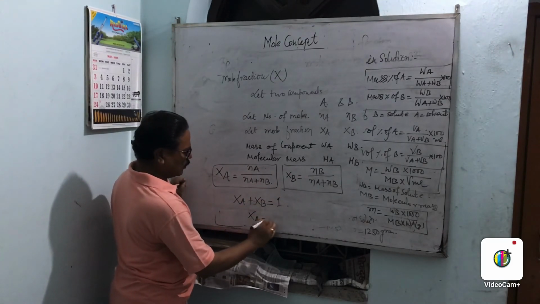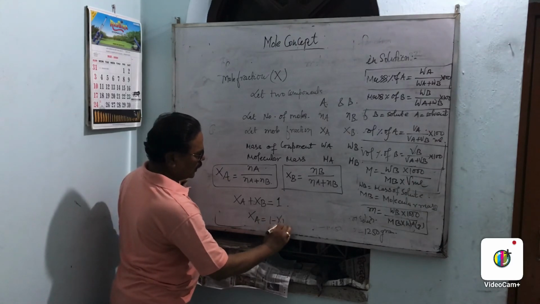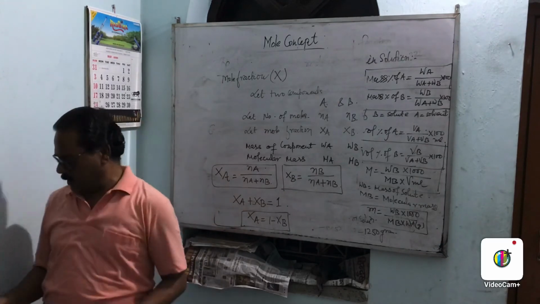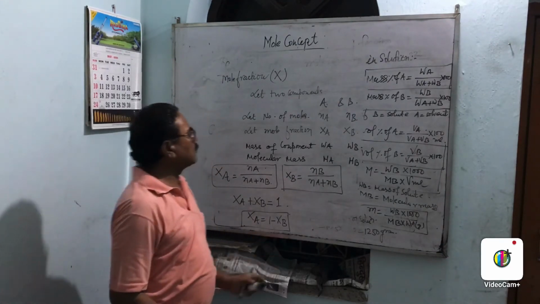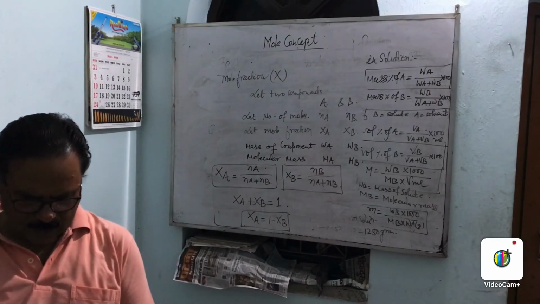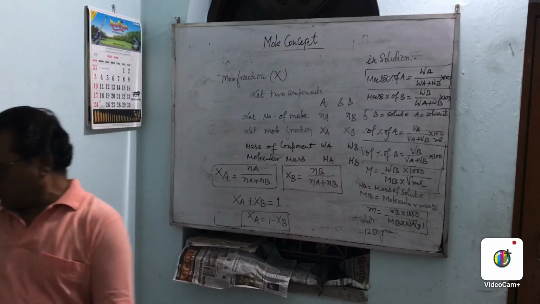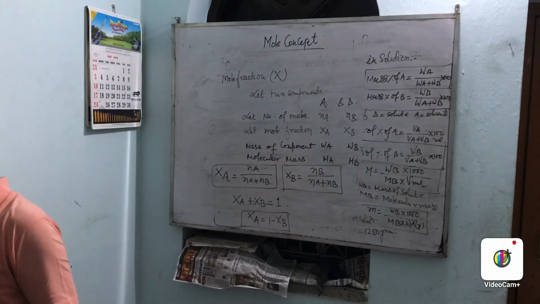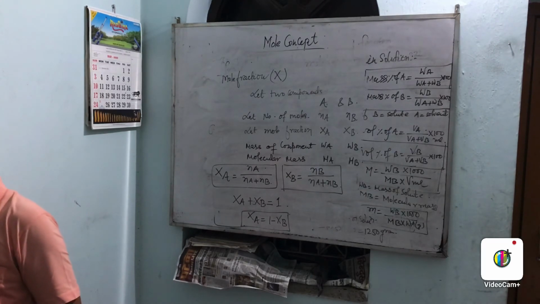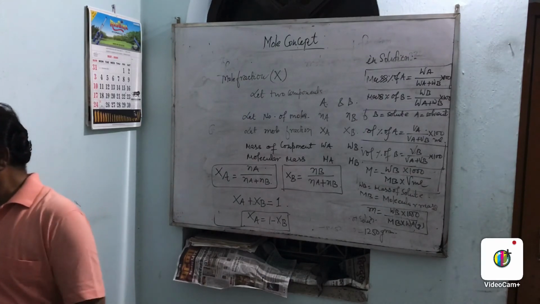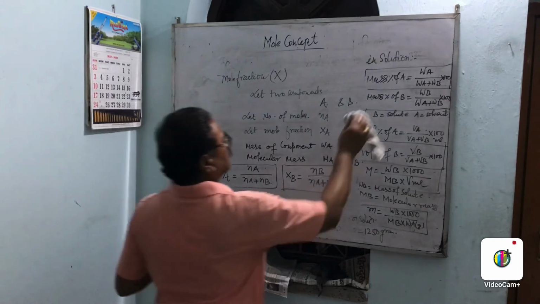So if the mole fraction of one component is known, we can calculate the mole fraction of the other component very easily. Suppose a problem is asked on this. We take a problem very easily.